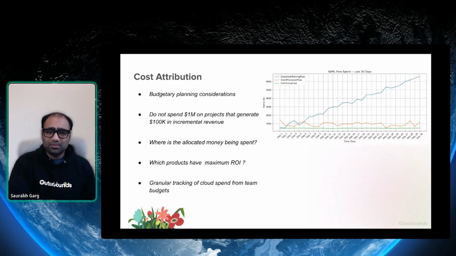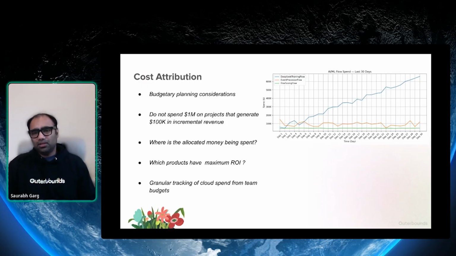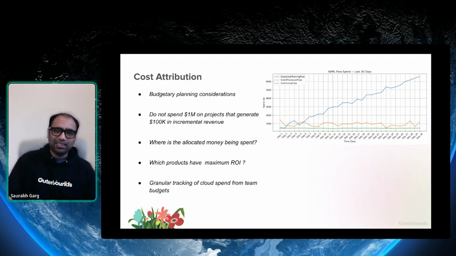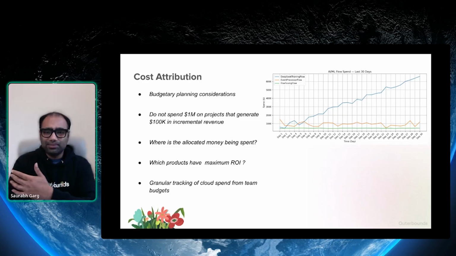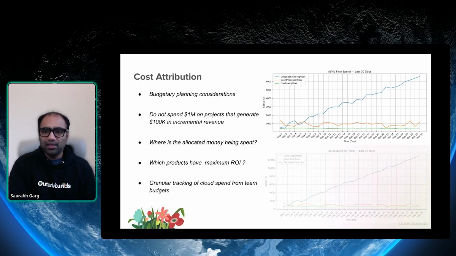So leadership comes to you and they're like, hey, I want to understand, for all the flows that are executing, how much spend are we making. They want to see whether it's a DeepSeek training flow or an event processor flow. Okay, I can see that DeepSeek is taking a lot of the money that we are spending day over day.